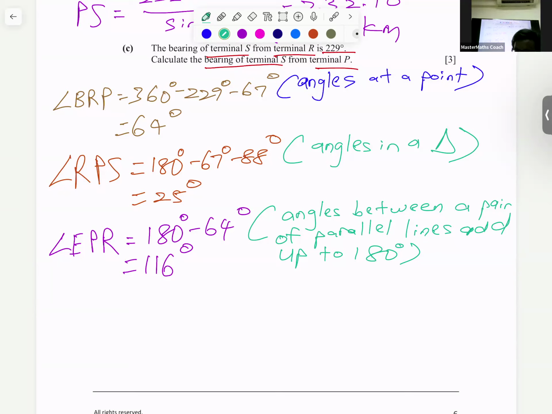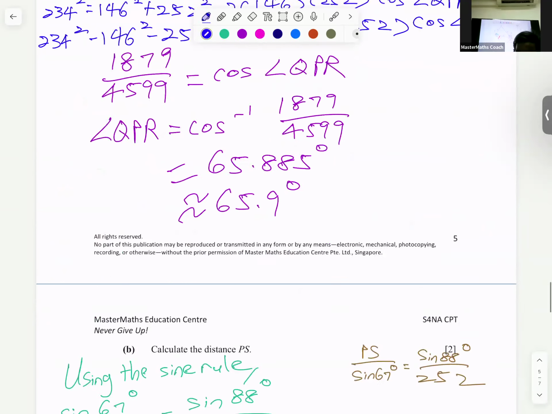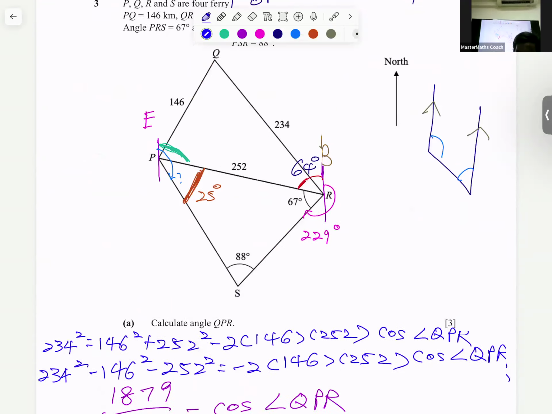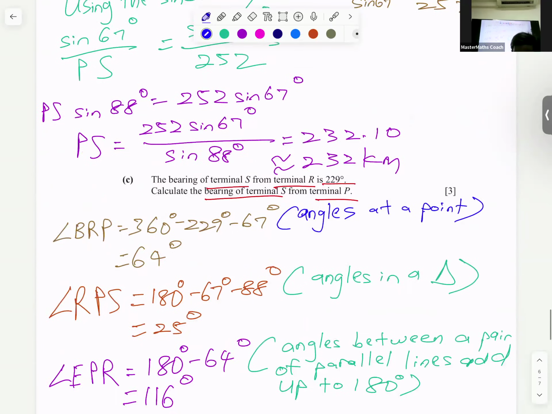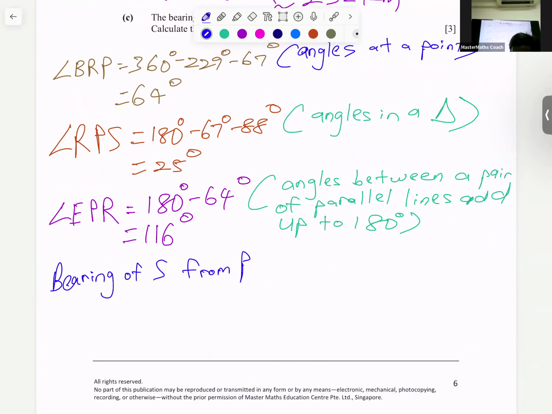So now it's very easy already to find the bearing of S from P, which is just this green one plus this brown one. Bearing of S from P is 116 degrees plus 25 degrees, which is 141 degrees.